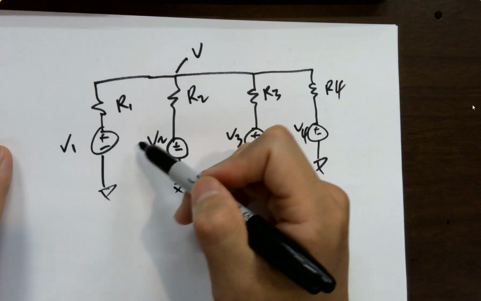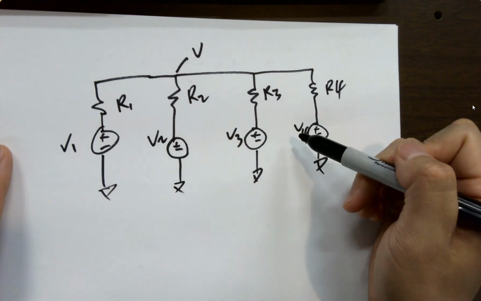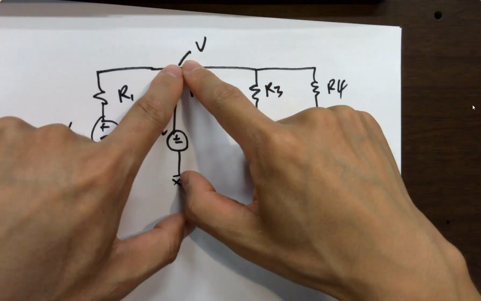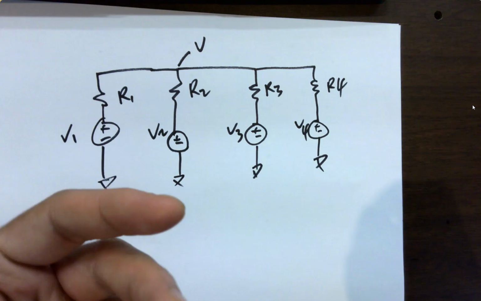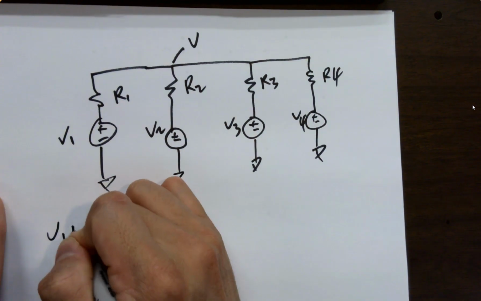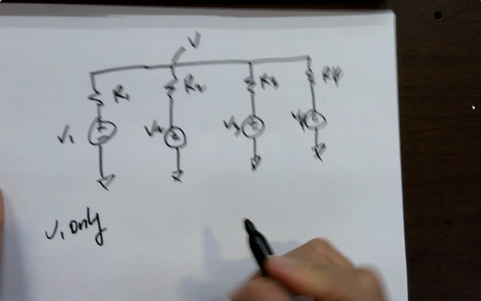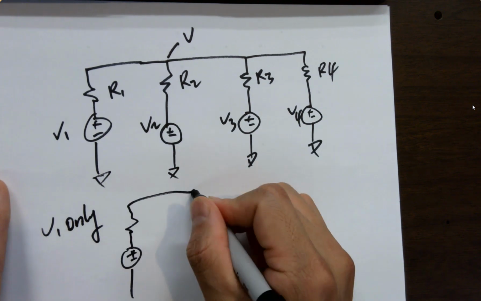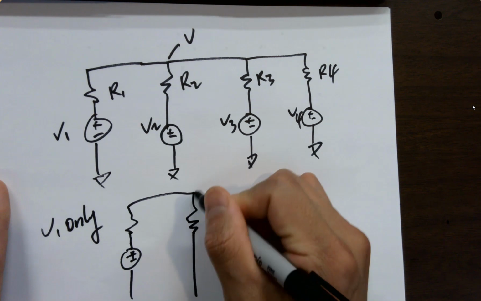So definitely you can use mesh, right? Mesh 1, mesh 2, mesh 3, mesh 4. But actually it's all the voltages contributing to this node and giving a total effective voltage to this node. So what you can do is, for example, V1 only. V1 only will give you this, with the others shorted.